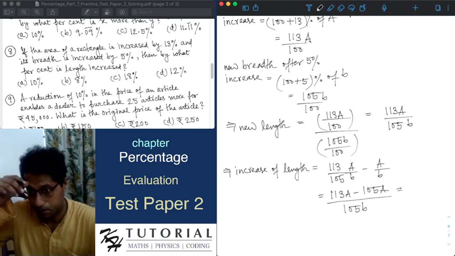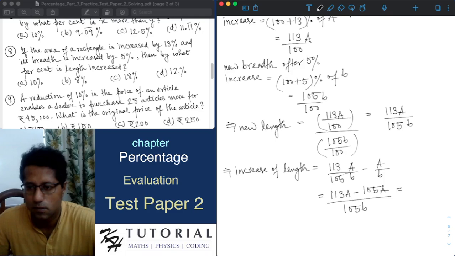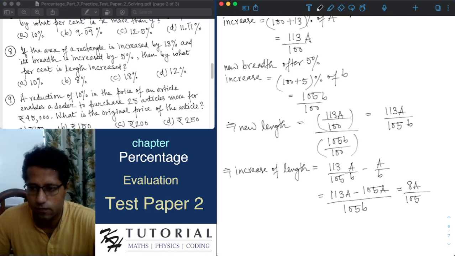This equals 8A by 105B. This is the increase in length.